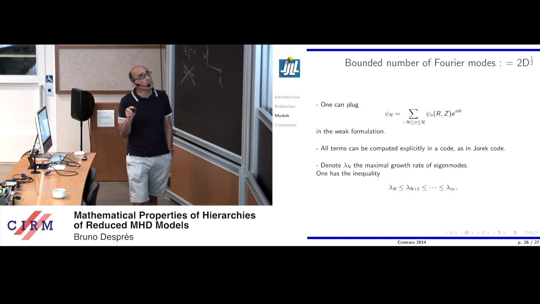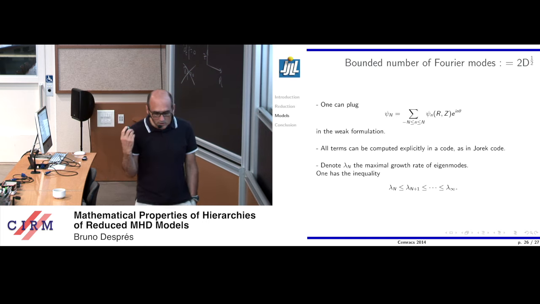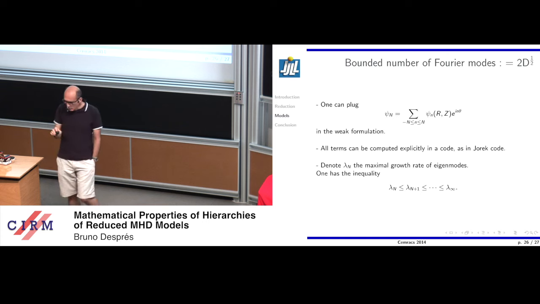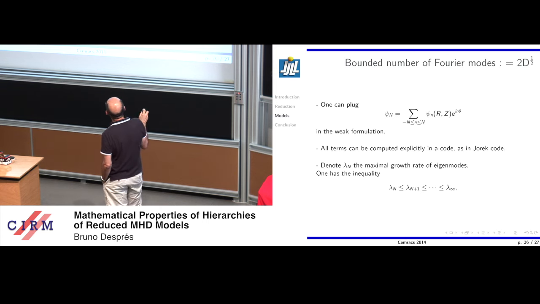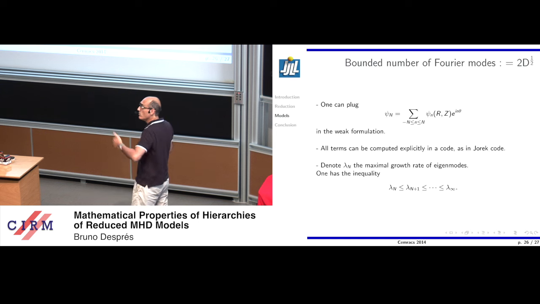And what is interesting in looking at that is that you immediately have the following. Assume I wrote a model with such an expansion, which gives me a certain set K. So K will depend on capital N, the number of Fourier modes. So I can define the maximal growth rate of eigenmodes, of perturbation, with the abstract formula as before.